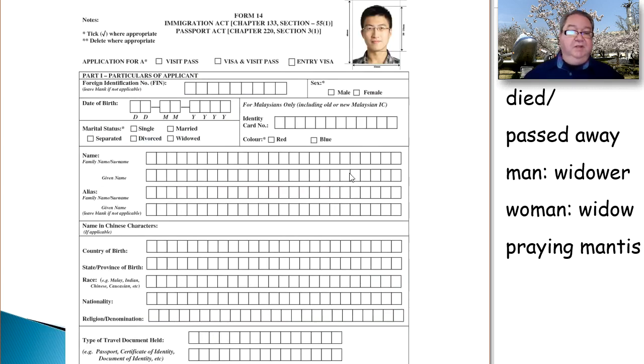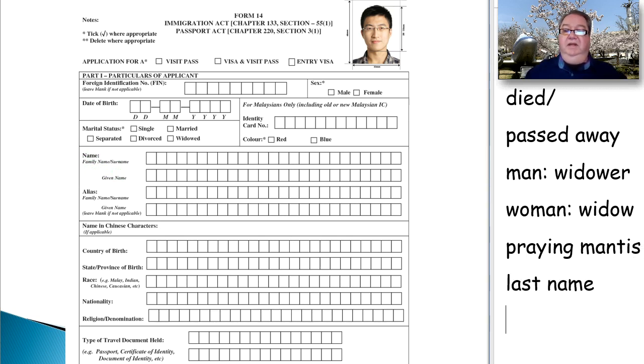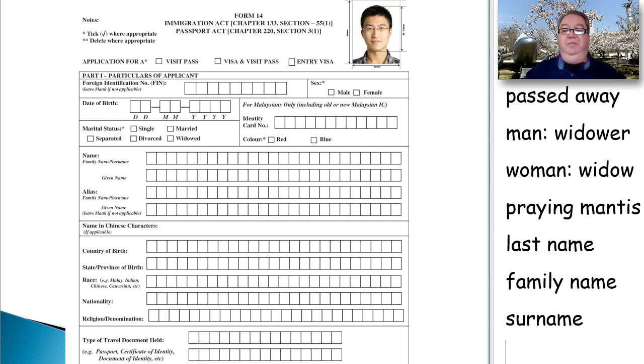Okay, so check the correct box here. Leave this blank. Now, name, family name or surname. We've talked about that. Your family name, your surname, is of course your last name. Your last name is your family name, and that is also considered your surname, okay?